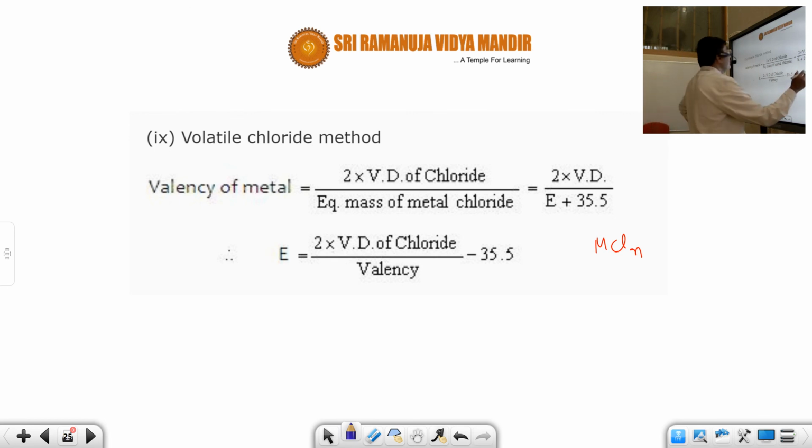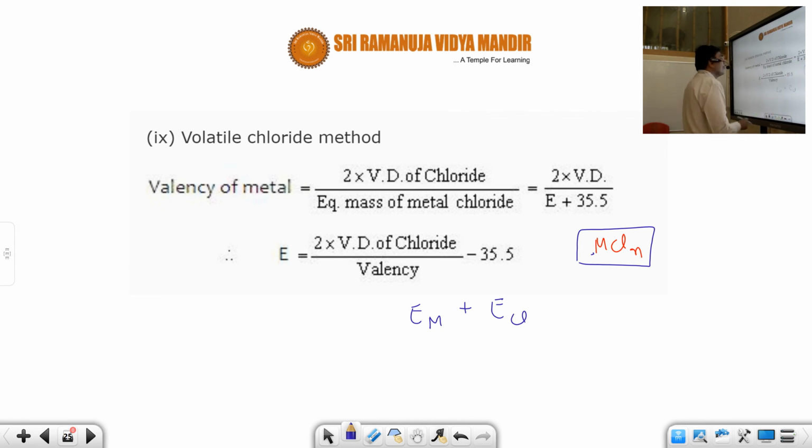So here you can see this is nothing but the equivalent mass of a metal, here MCln. So you can write here the equivalent weight of M plus the equivalent weight of Cl, here the valence is also there, right?